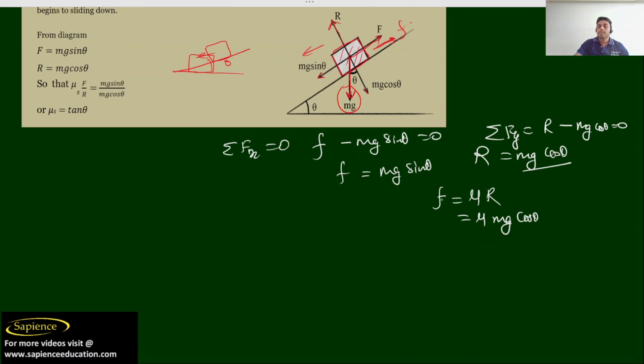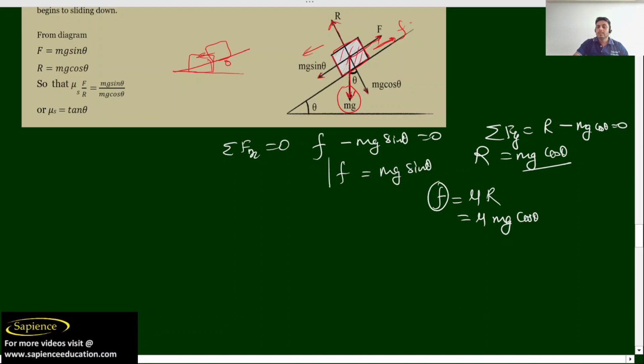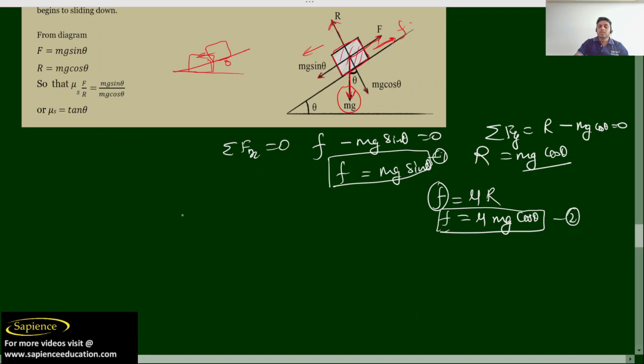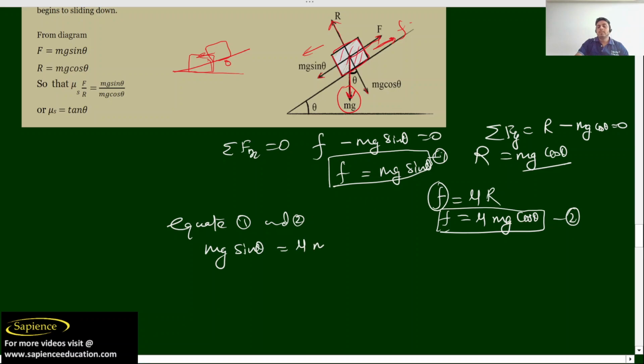Now we have two equations for the frictional force, this is your first equation and this is your second equation. Since both are talking about the same friction force, can we equate 1 and 2? Equating 1 and 2, what do you get? mg sin theta is equal to mu mg cos theta.